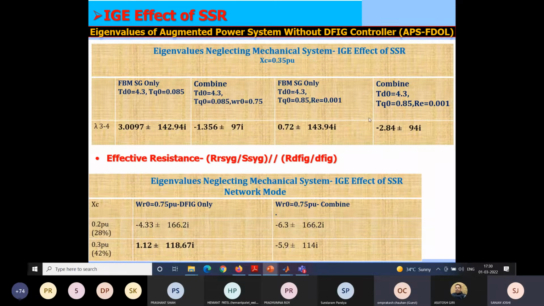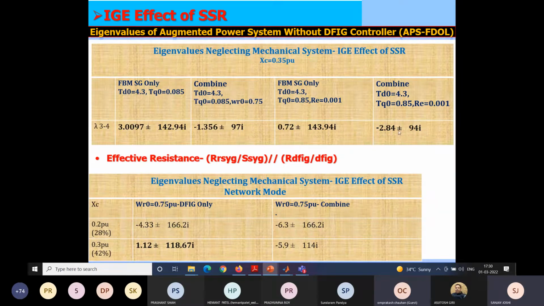Another case, if we compare synchronous generator only with the reduced transmission line resistance, the system was unstable. The real part of the network mode eigenvalue was plus 0.72. Now with the combined system with the IGE effect, it has become stable, right?